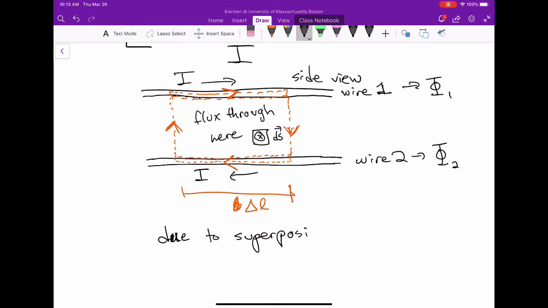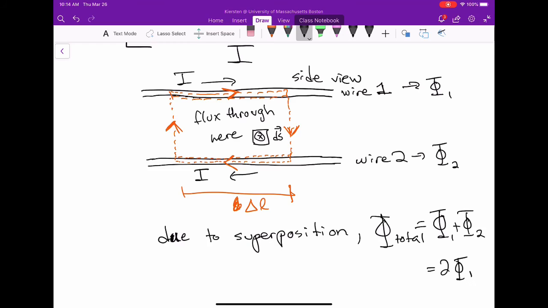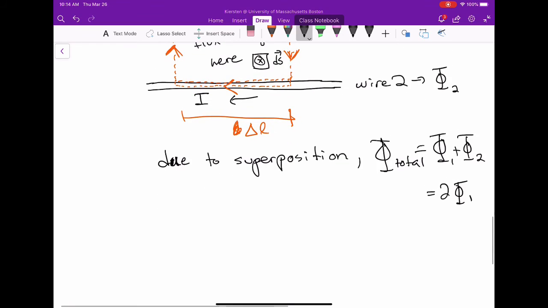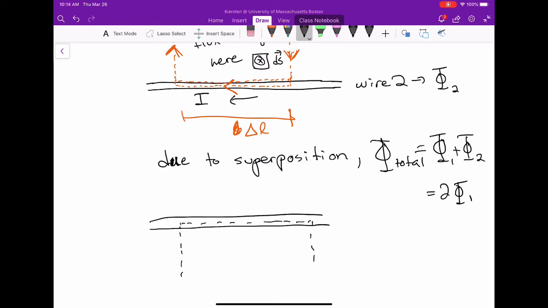And the total flux is just the sum of those two. So then all we have to do is think about the problem as though there's one wire, find the flux through this surface of the magnetic field due to just that one wire, and then double it.